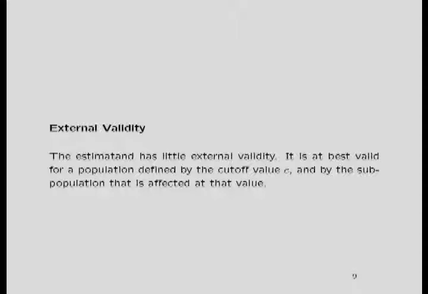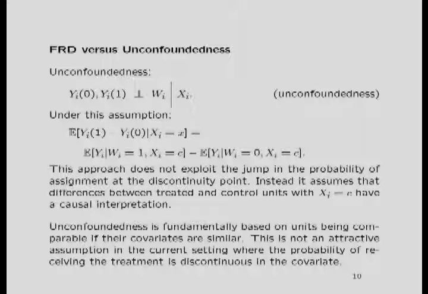In the fuzzy regression discontinuity design, if we look at individuals reasonably close to the cutoff point, we do actually have overlap in the covariates. If the design is really fuzzy rather than sharp, there are individuals getting financial aid in both the low-scoring group as well as in the high-scoring group.